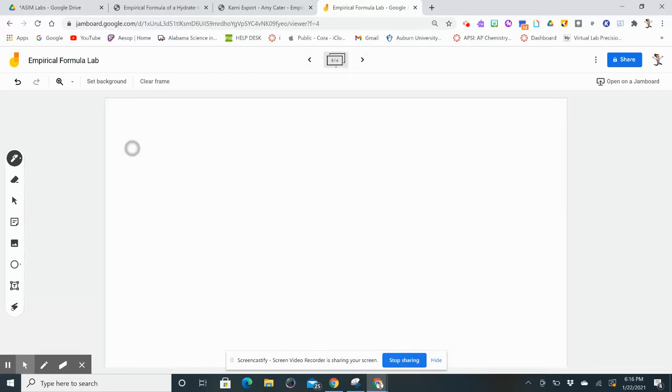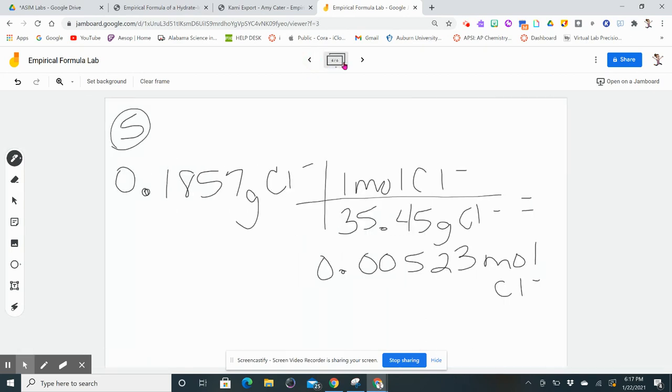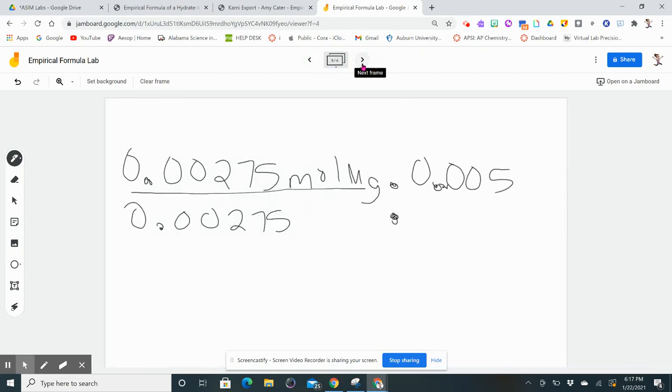Okay, so I'm going to take my moles of magnesium, which was 0.00275, and I'm going to divide it by itself because it's the smaller of the 2 moles. And then I'm going to make this a ratio, so put my little dots there. I'm going to take the moles of chlorine, which was 0.00523, and divide it by the moles of magnesium.